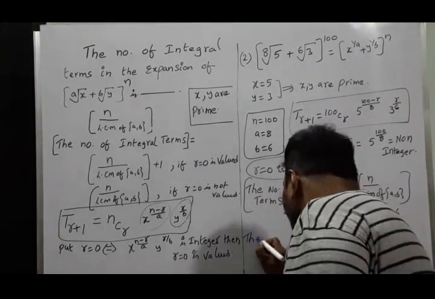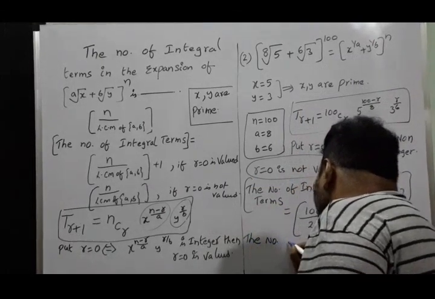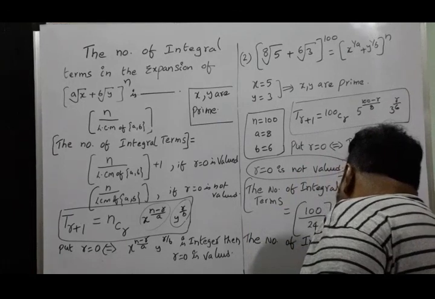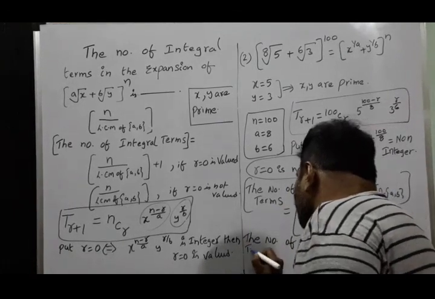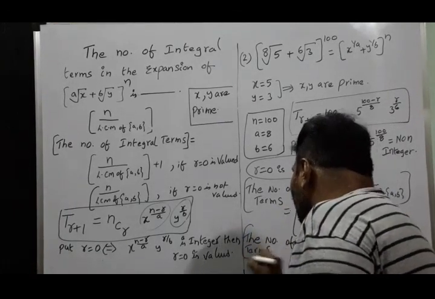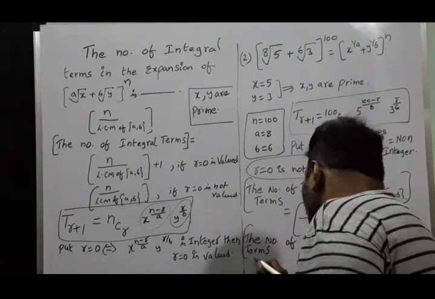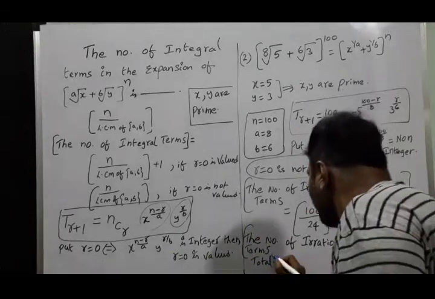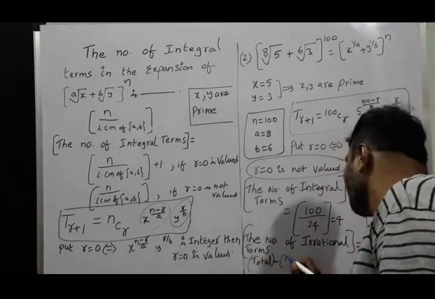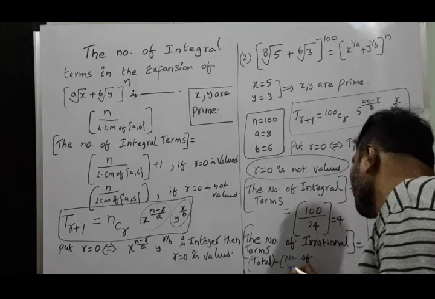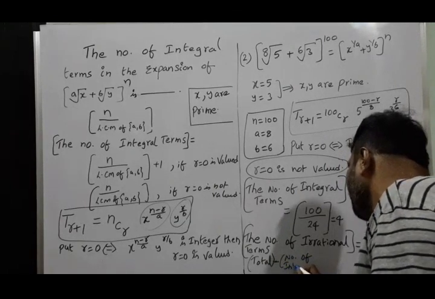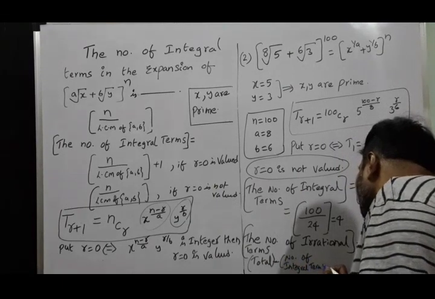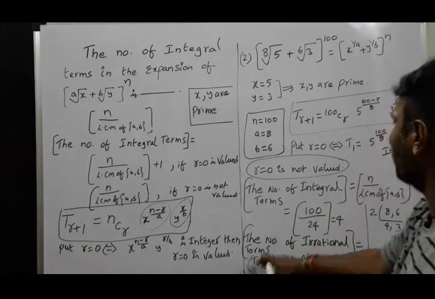The number of irrational terms is equal to total minus number of integral terms. What is the formula for the total?